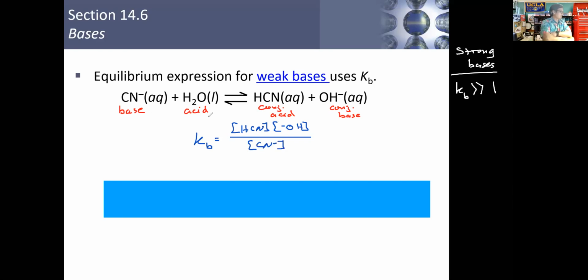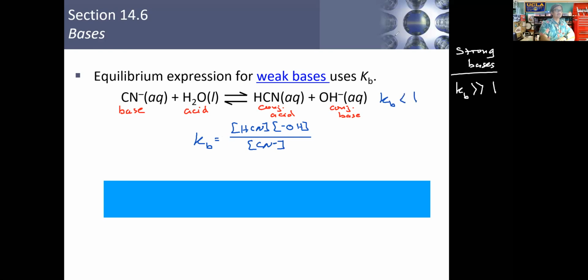Remember, pure liquids we don't include. So that is the law of mass action specifically for cyanide, and this will give us Kb for cyanide, and we expect Kb for cyanide here to be less than 1.